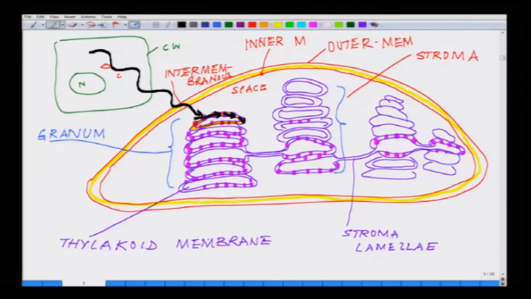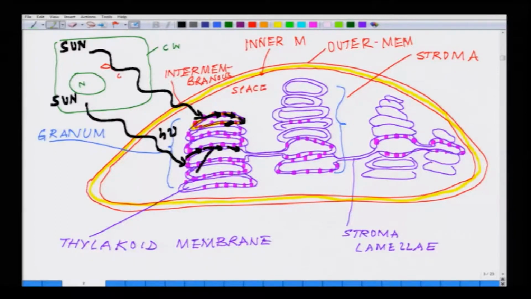If you follow my arrow, this is h nu, or the sun.